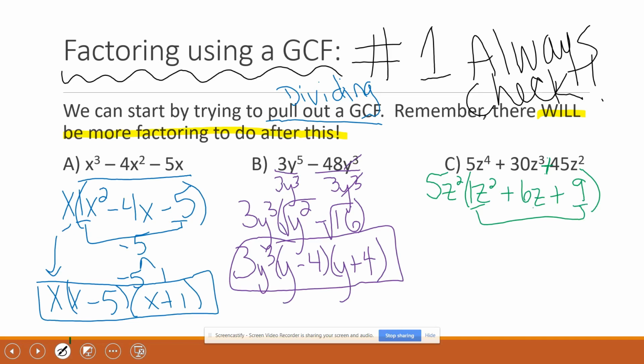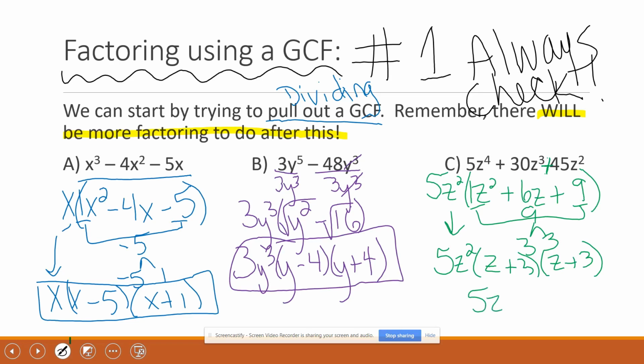1 times 9 is 9. The factors of positive 9 that add to positive 6 are positive 3 and positive 3. When you do your factoring, you end up with z plus 3 times z plus 3. And then again, make sure you bring back that 5z squared that we pulled out in the beginning.